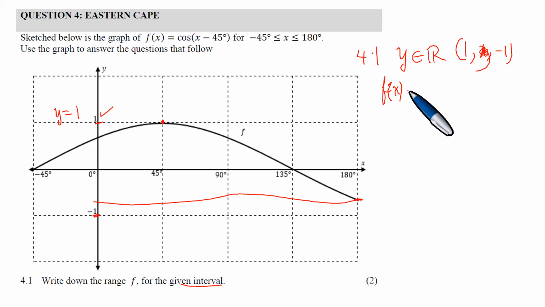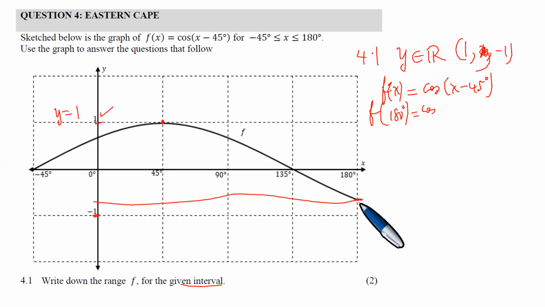So you need to therefore write the equation because it is defined by this, which is the cosine of x minus 45 degrees. And then we do f of 180 degrees, which is the cosine of, at 180, you want to know what it is, because that is what the range is going to be, because it ranges to this. The range is to move to a point, right? So, which means x is 180 degrees minus 45 degrees. So what is 180 minus 45 degrees?